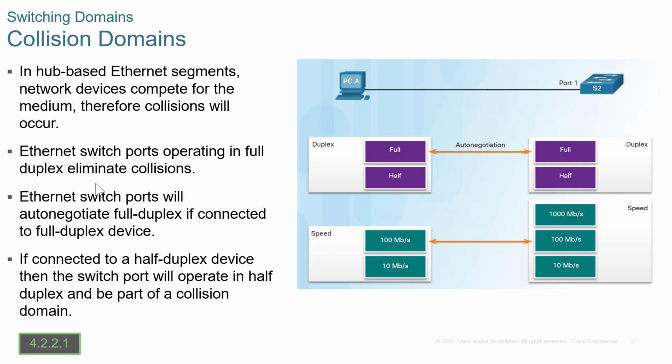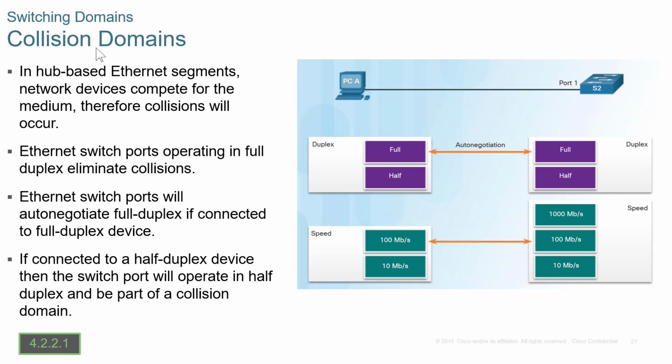Hubs are repeaters. Whatever bits come in one port get sent out to all ports. If you had that situation, then we were transmitting what we called half duplex. If you had 10 devices hooked up to a hub, only one could be transmitting at a time. And if 2 of them tried to transmit at the same time, that created a collision. So if we had 10 computers plugged into that hub, we had a collision domain of 10 computers.